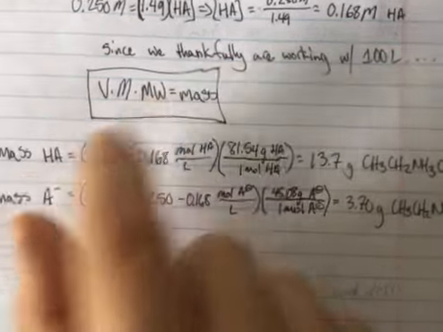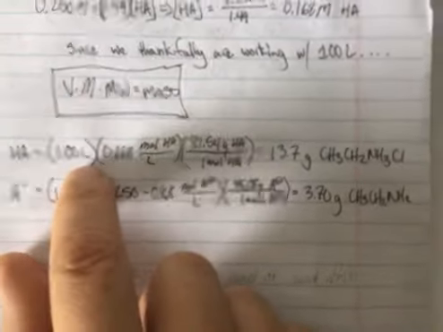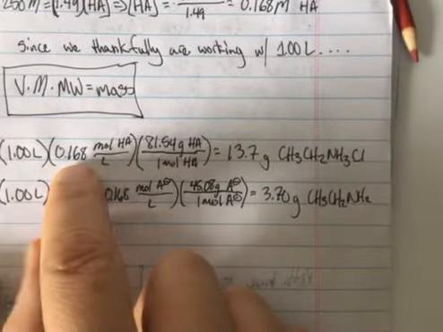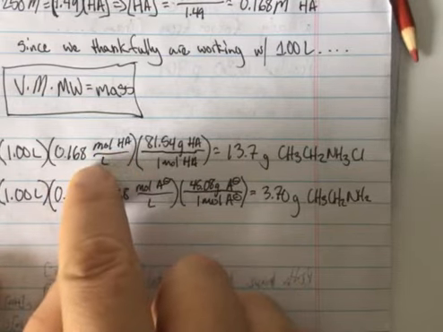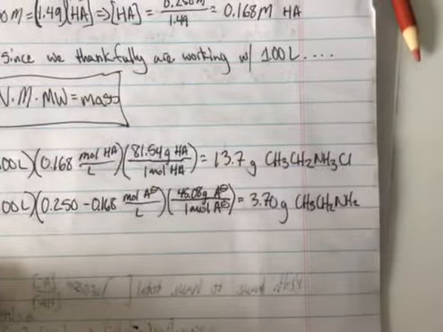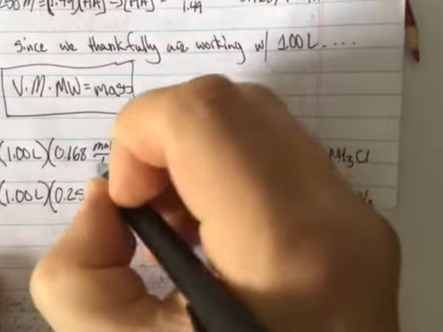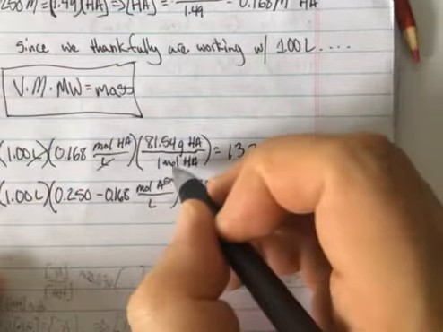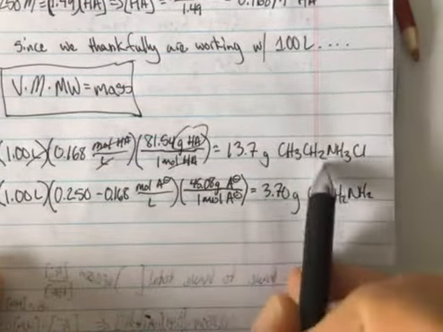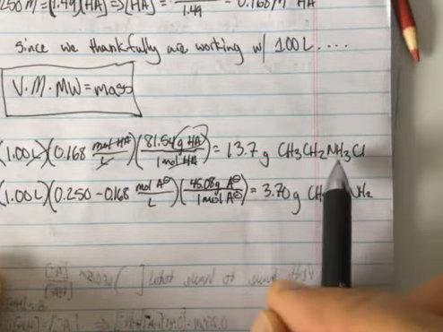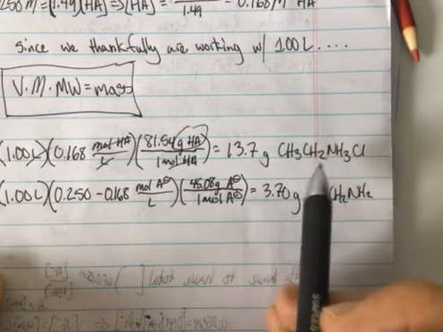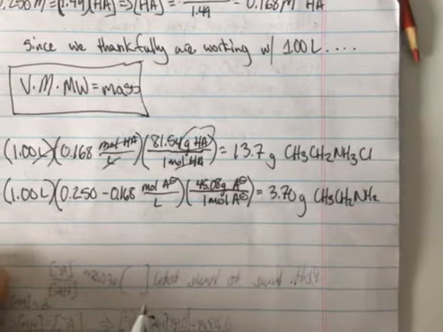For the conjugate acid, we take 1.00 liters and the 0.168 molar value I calculated above, so your liters cancel out and your moles of HA cancel out, and you're left with grams of HA, or grams of ethyl ammonium chloride. That leaves you with 13.7 grams for that component.